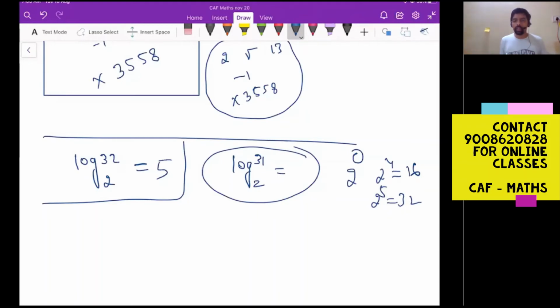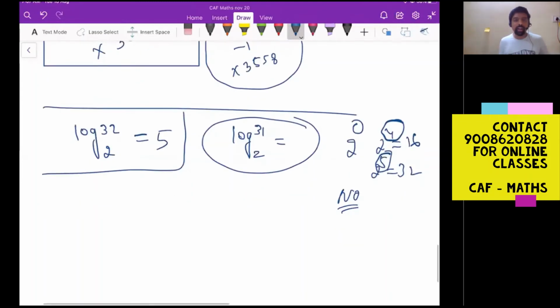When will you get 31? Can you find out using the inspection method? No, you cannot. It is not possible to find out by the inspection method unless you are Shakuntala Devi. She is a human calculator. Yes, she can do this in her mind. Okay, so we can't do that.